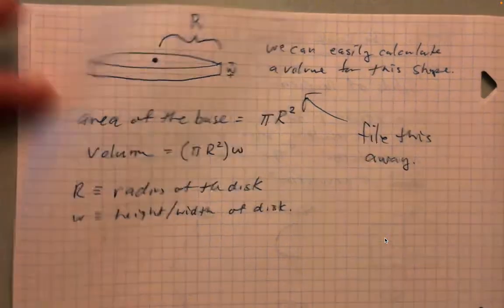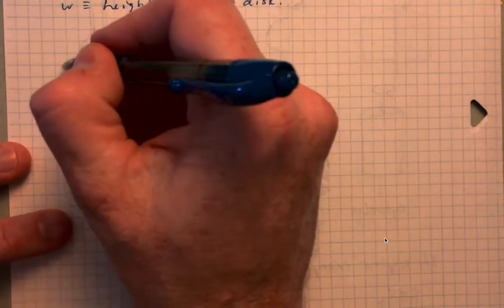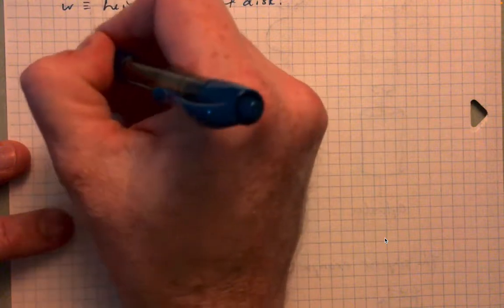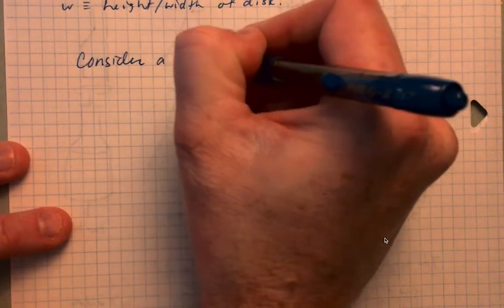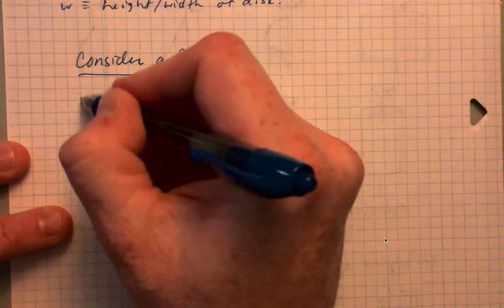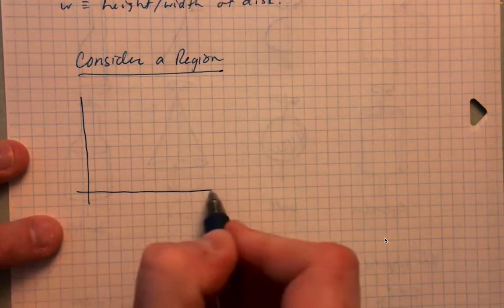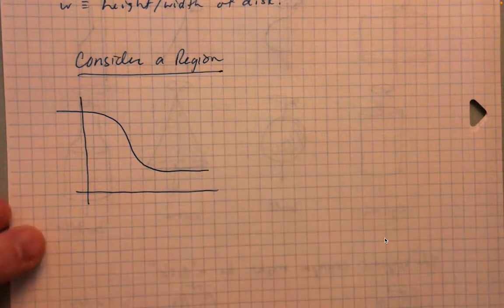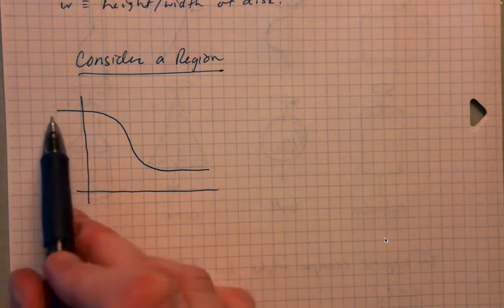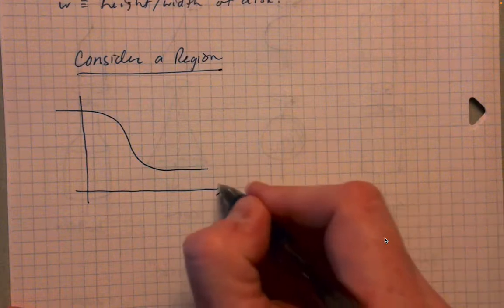But I want to shift to just an arbitrary region, and we're going to see how these ideas connect. So consider a region. We're just going to keep it simple. It's going to look like this. And this is going to be some function of x in this case.